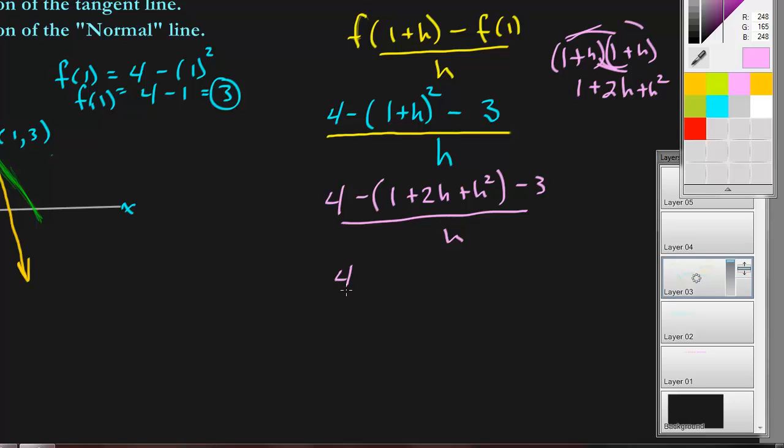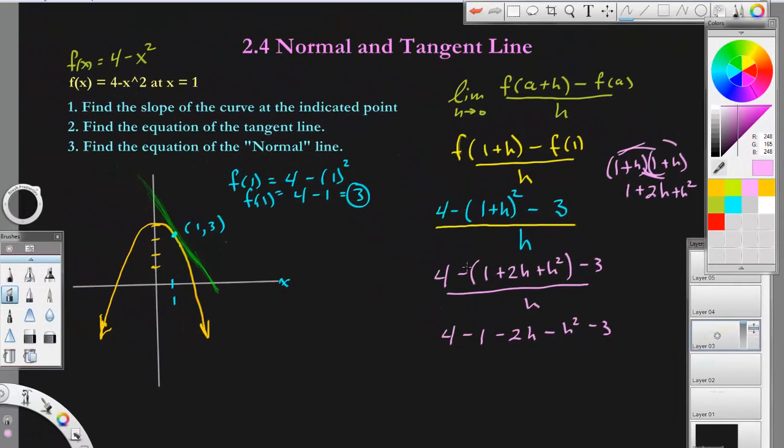So it's going to be 4 minus 1 minus 2h minus h squared minus 3. So I basically distribute this little minus 1. In fact, I'm going to delete this, but I'll show you. There's a little minus 1 that I filtered through to get this. Okay? I guess I can leave that there. Doesn't matter. All over h.